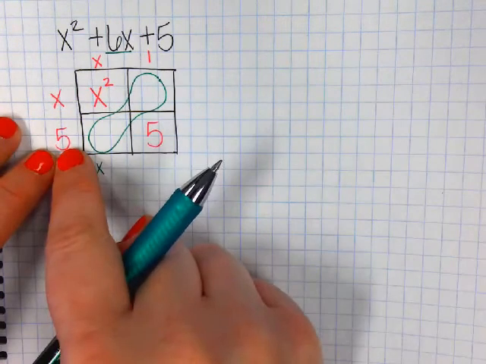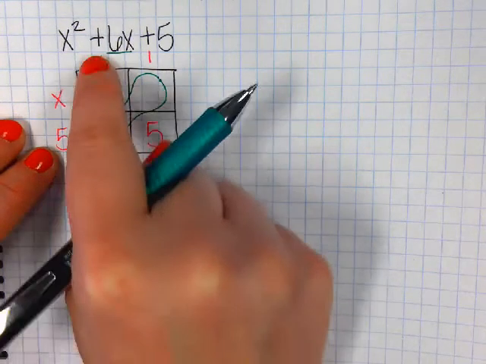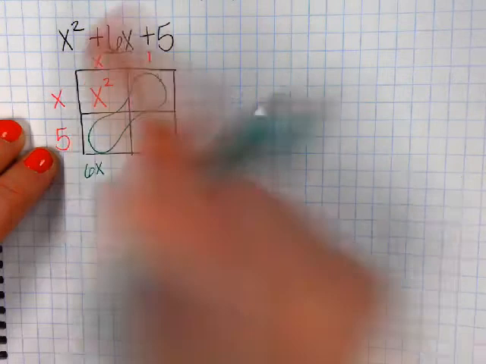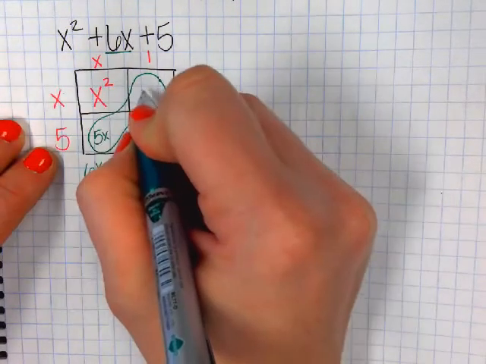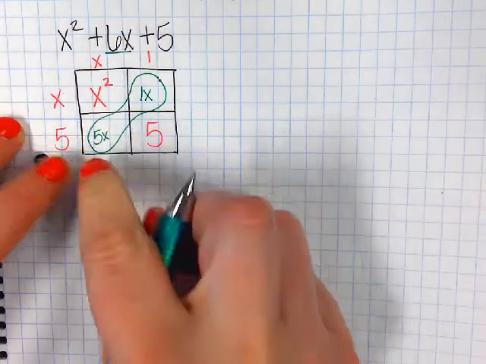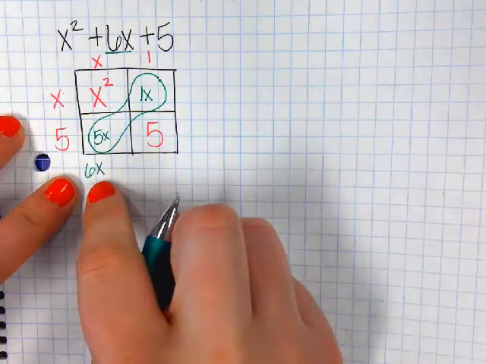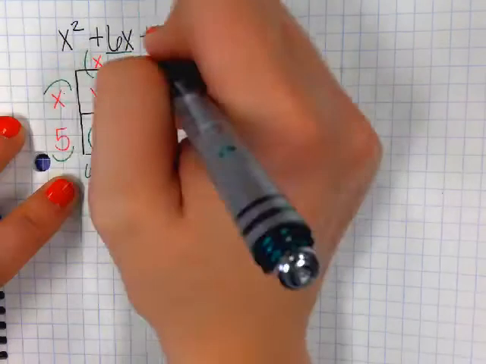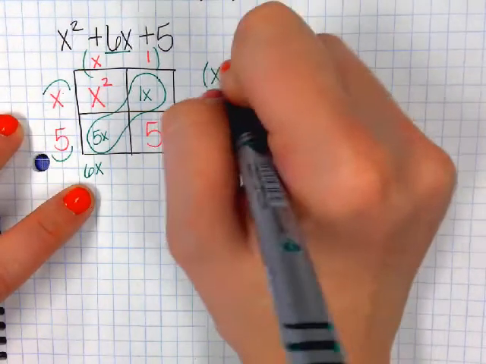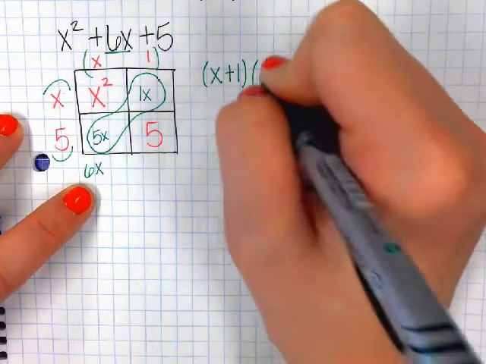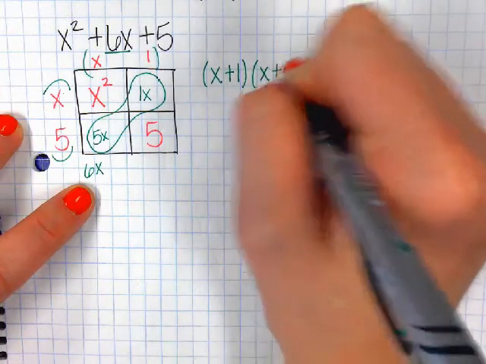So if I looked at this 5 times x, what would 5 times x give me? 5x. What would 1 times x give me? 1x. Well, doesn't 5 plus 1 give you 6? So those are your two factors. One of them's x plus 1, one's x plus 5.